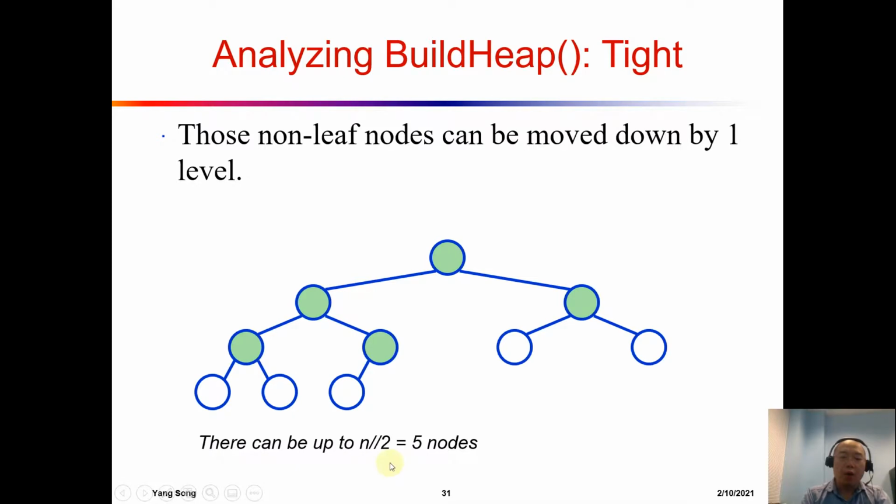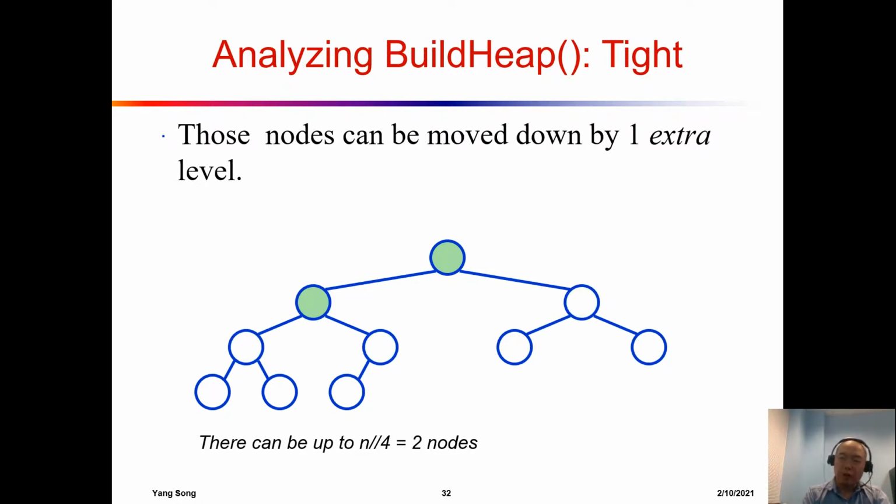So no more than half of the nodes can be moved down once. The next part, no more than 1/4 of the nodes can be moved down twice. And no more than 1/8 of the nodes can be moved down 3 times.